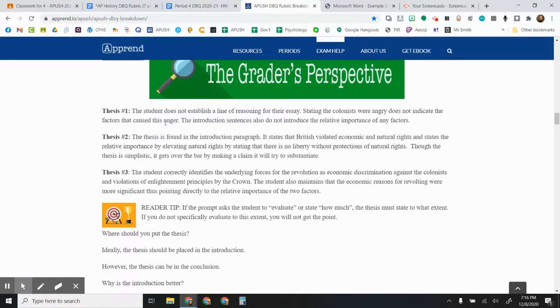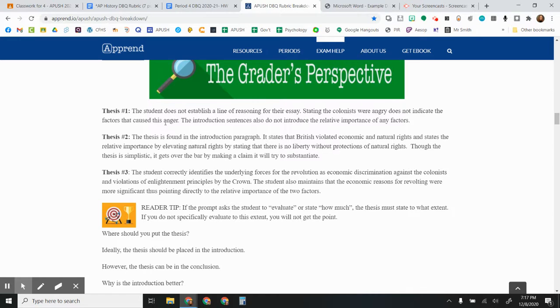Colonists were angry doesn't give you any reason why, and it doesn't introduce any importance of one thing over another. Two says that it does violate economic and natural rights, talks about importance, saying that natural rights are more important. It's pretty simplistic. It's not very sophisticated, but it does the job and just barely meets that threshold for earning the thesis point.